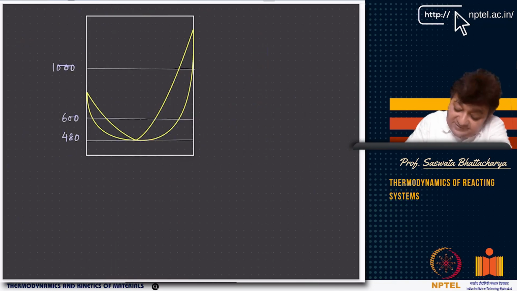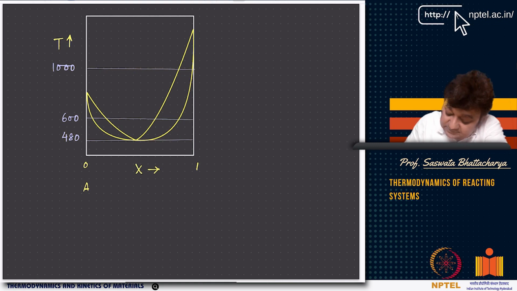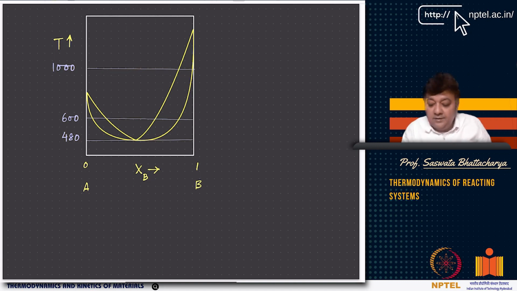This is your temperature axis, and this is your composition axis, and composition goes from 0 to 1, where this is xB. On the right hand side you have pure B, and on the left hand side you have pure A, right? And this is the most likely.